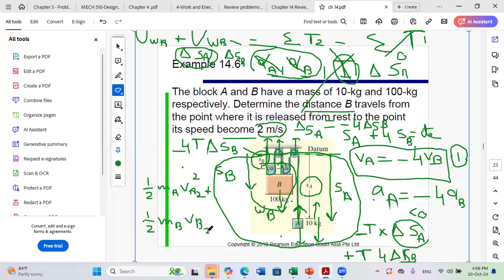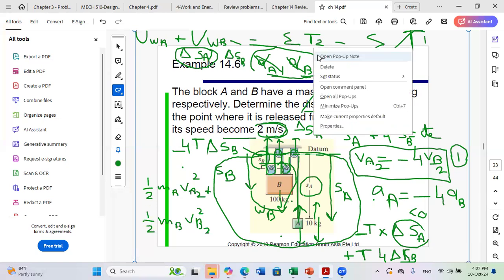Now, VA2 and VB2 are known. Why? Because VB2 is 2 meters per second, and we have a relation between VA and VB at any instant of time. So VA2 is equal to minus 4 VB2, so VA2 is minus 8. But we don't care for the sign because it's a square, so we don't care if it's positive or negative. So we can evaluate summation of T2.